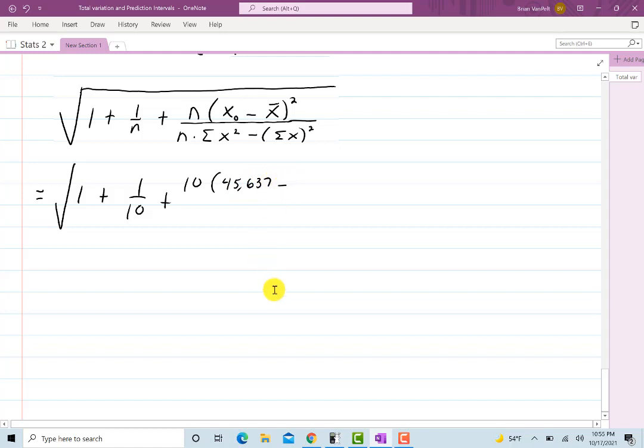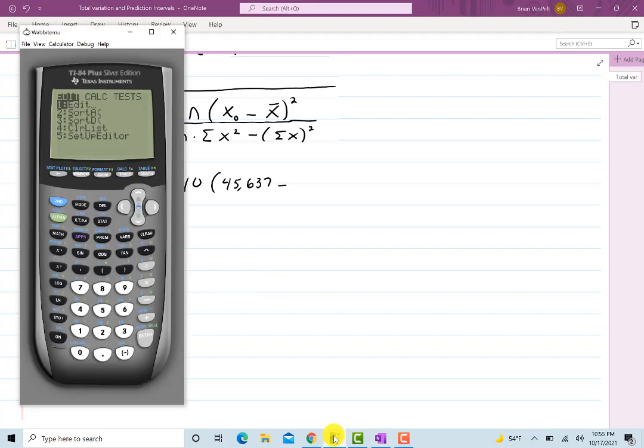Minus, let me grab x bar. That will be in calculations, and I can choose my number 2 and then just enter my way through this. My x bar is 48406.3.